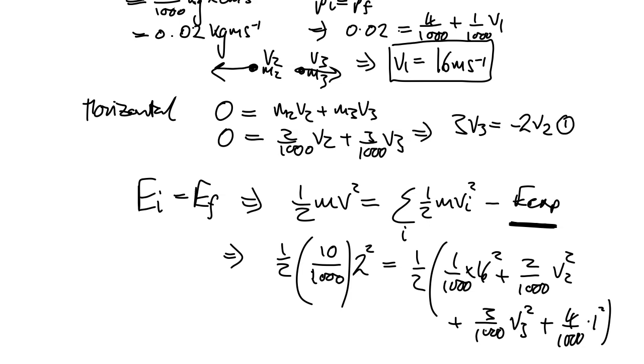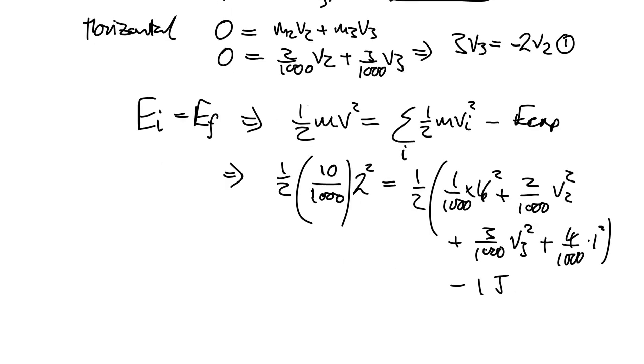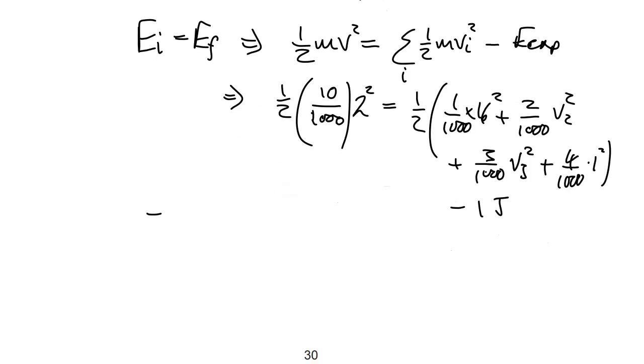And then we have minus the 1 joule, which is the energy released. If you turn the handle and do all of this algebra, you end up with 2 lots of v2 squared plus 3 lots of v3 squared equals 1780. We'll call that equation 2.